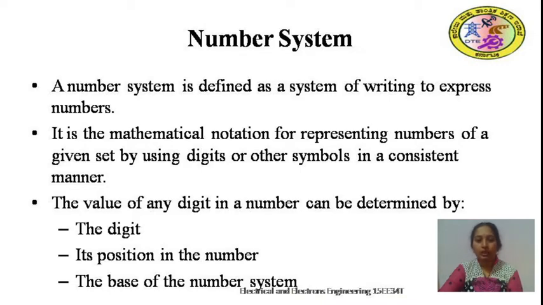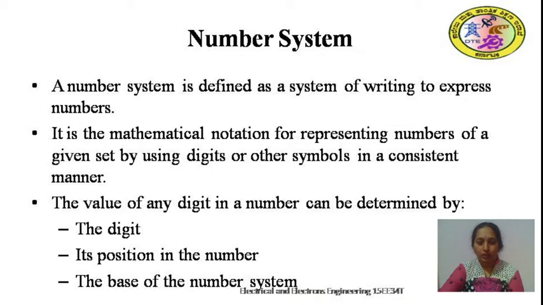The second thing is its position in the number. For example, if I take the number 75, the value of 7 is 70. The positional value of 7 is 70 because it is placed in the tens place. If I take the number 17, then the value of 7 is only 7 because it is placed in the ones place.